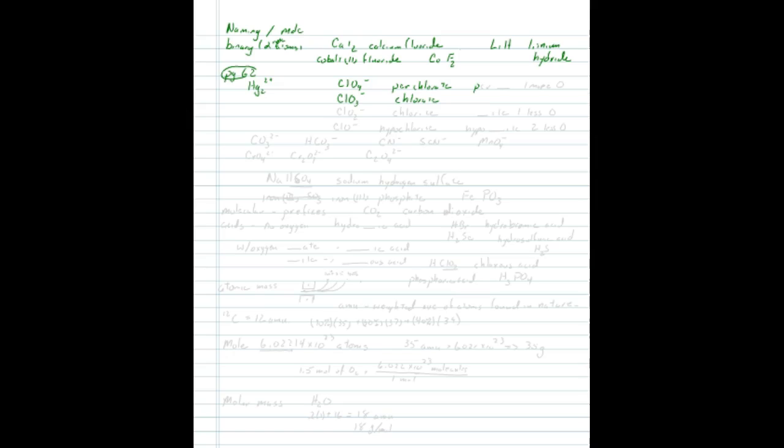Per means one more oxygen than normal. Then you can have ClO2-, which is chlorite. If it ends with -ite, that means it's one less oxygen than the standard.